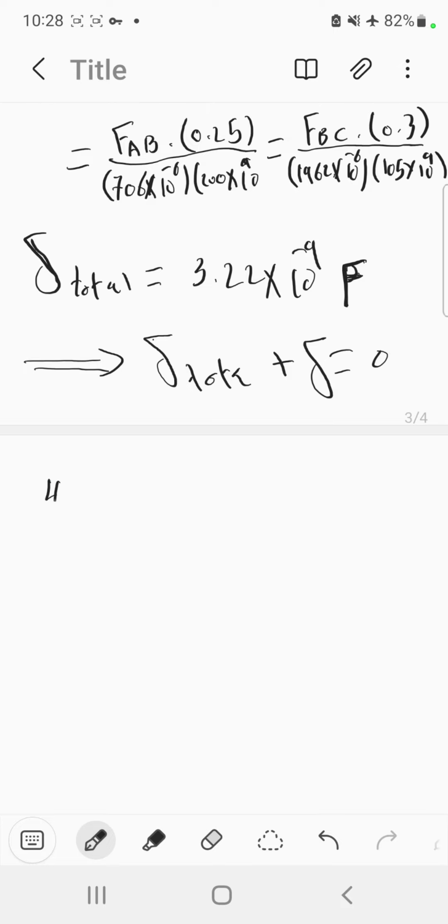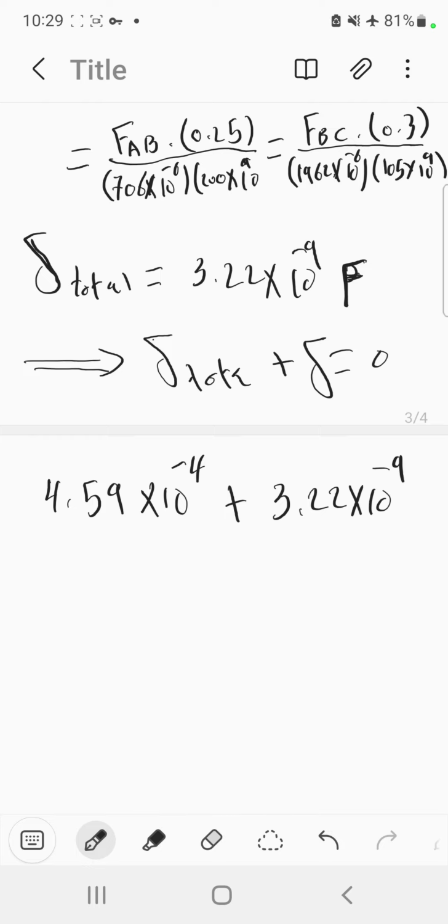So we know 4.59 times 10 to the power minus 4 plus 3.22 times 10 to the power minus 9 P is equal to 0.